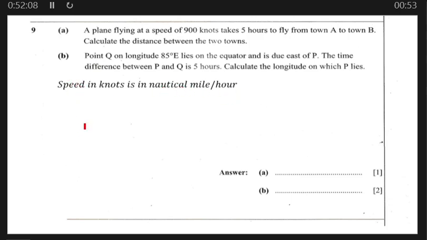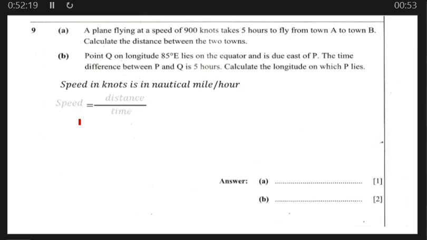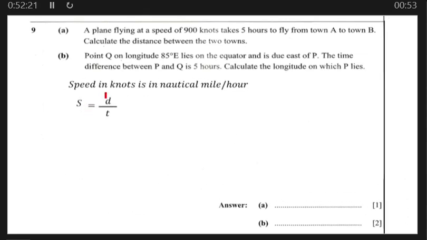So we are going to use the speed formula, which says speed is equal to distance over time, with speed represented by s, distance by d, and time by t. They are asking us to find the distance, d, so we make d the subject of the formula by dividing by 1. Cross multiplying, d equals s times t.